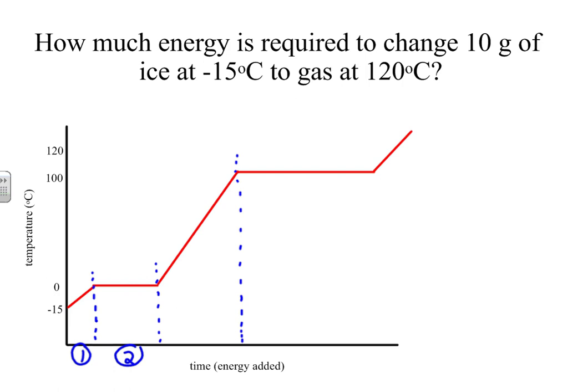The energy in this part, number 3. Energy in this part, number 4. And then the final amount of energy that we'll add, I should move this over a little bit here. So number 4 here. And the final energy we need to calculate is number 5.